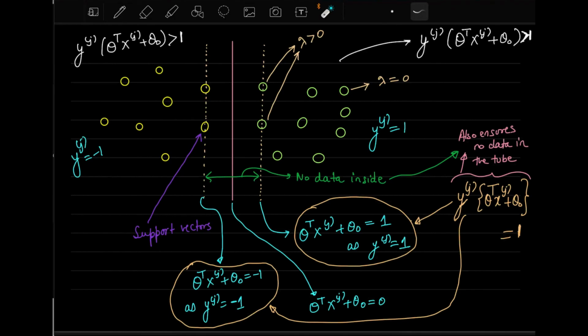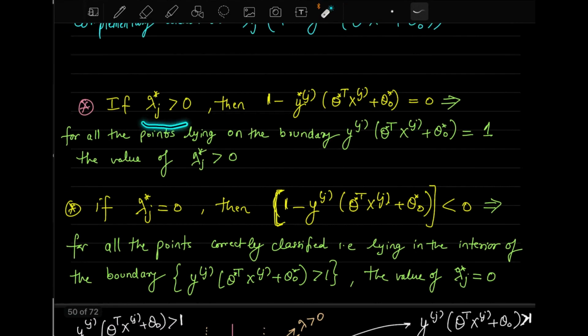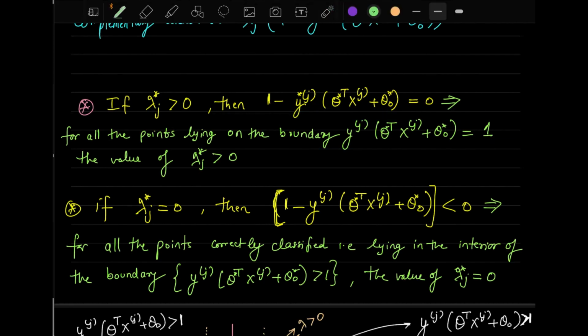Now, as I told you earlier, lambda j is greater than 0 only for the points which are lying on this boundary. If you put yj as 1, then theta transpose xj plus theta 0 will be equal to 1.